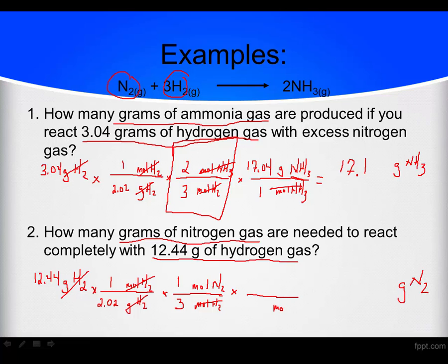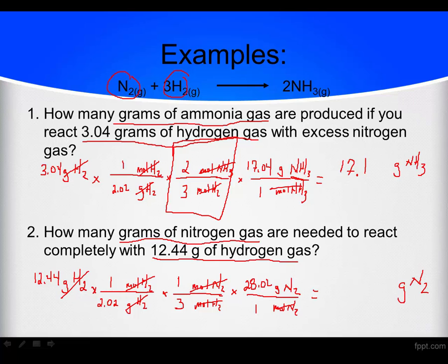And then one last step. Moles of nitrogen can get converted to grams of nitrogen, because in this case they want grams. 1 mole isn't going to weigh 14.01 because nitrogen's diatomic, so it's going to weigh twice that, which is 28.02. And the moles of nitrogen cancel.